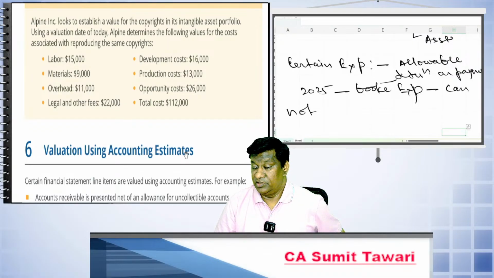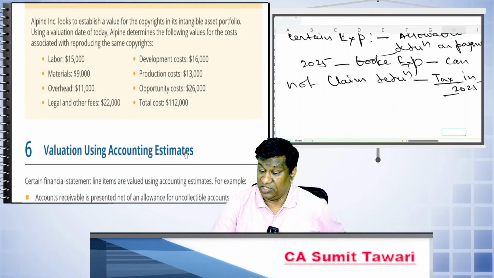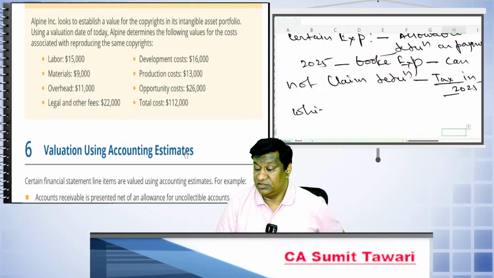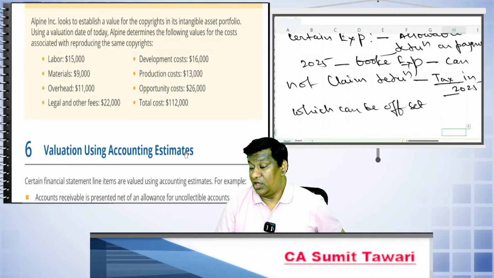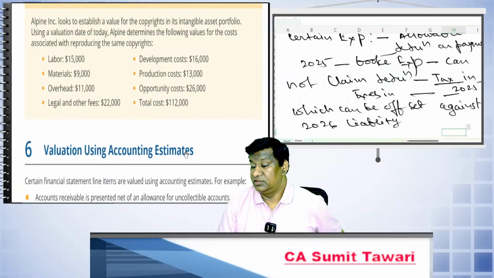So you need to pay tax in 2025, even though you incurred the expenses in 2025, which can be offset against the 2026 liability. So for 2025, you paid the taxes in advance, and that is reflected as a deferred tax asset.